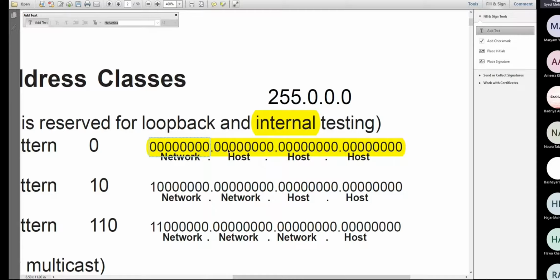But how many hosts can be accommodated in class A? It is 2 raised to the power 24, which is 16777216.